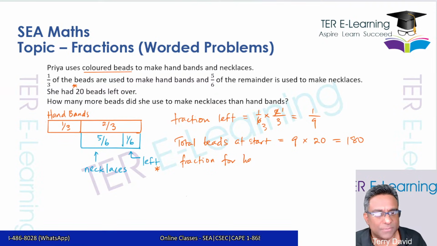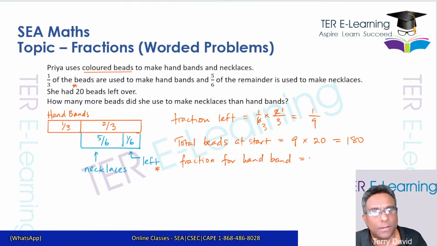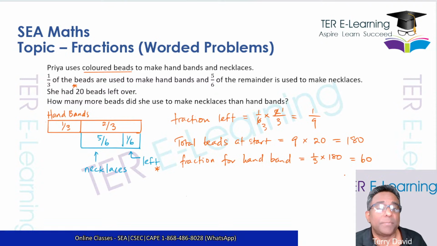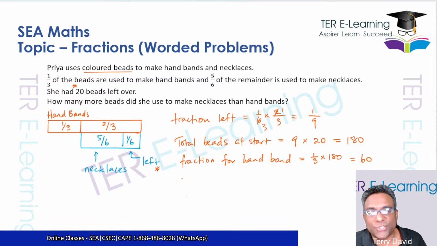Fraction for the headbands. Right? So the headbands would be 1/3 multiplied by the 180. So that's going to give you 60 beads. So for the headbands, we're using 60 beads here.